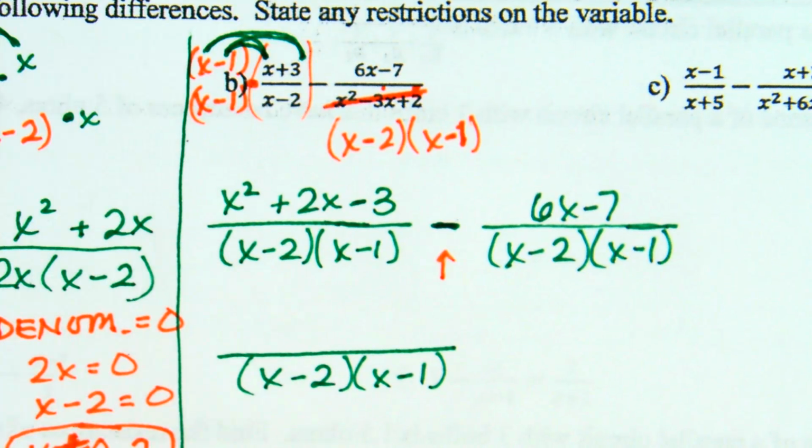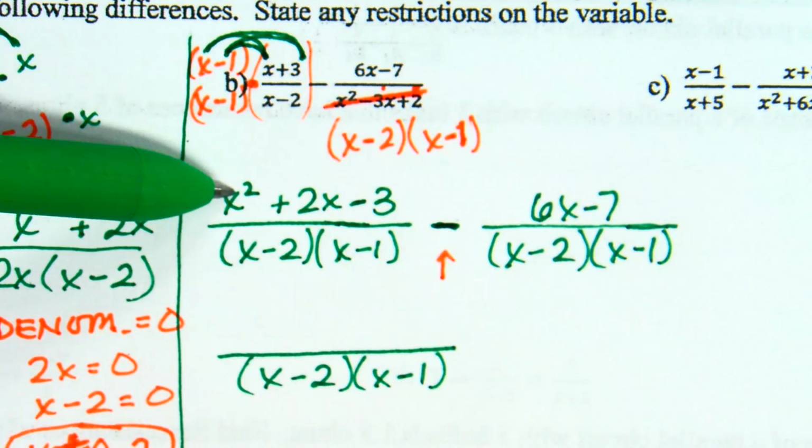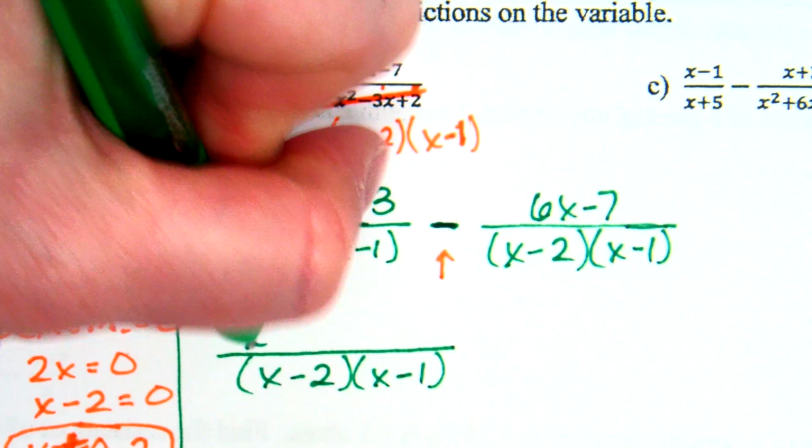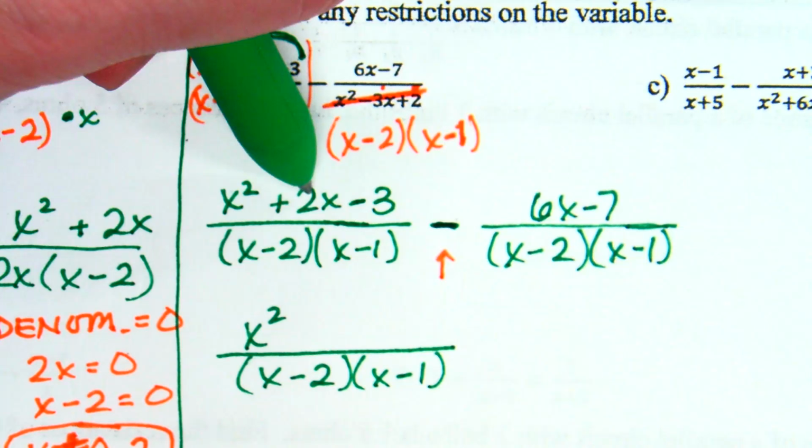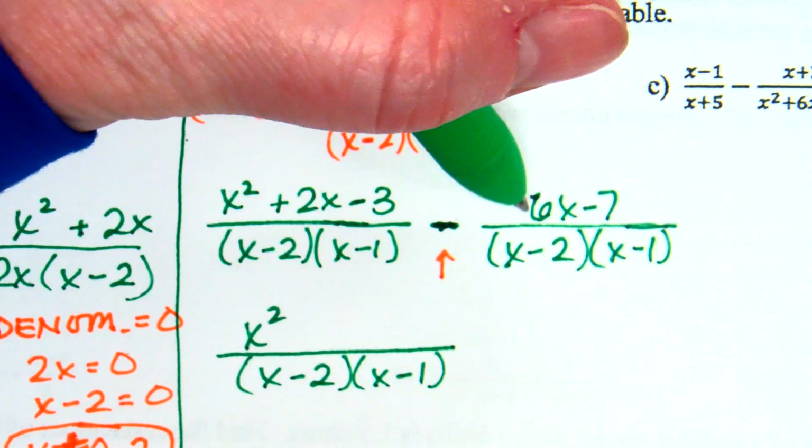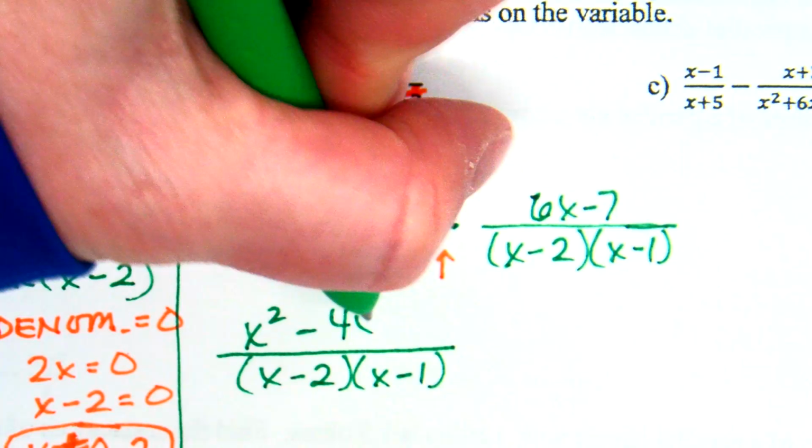Okay, look for like terms. What's x squared go with? Nothing. So it just carries down as x squared. 2x minus 6x. So what's 2x minus 6x? Minus 4x.